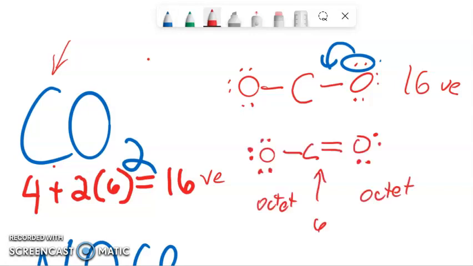Oxygen. All right, now that we've added the 1 double bond, the oxygens have octets, but the carbon still doesn't. It's only got 6. So we need to try for a second double bond.